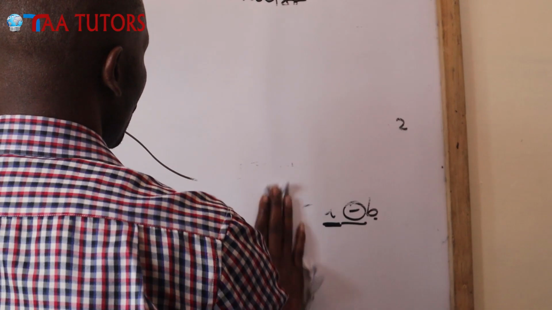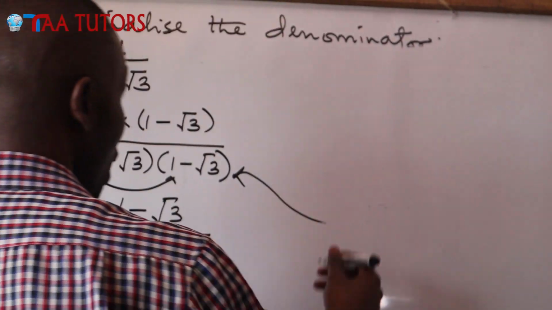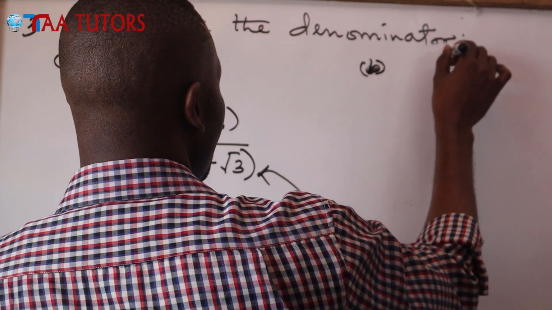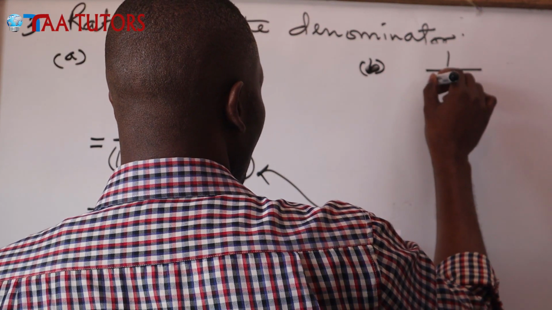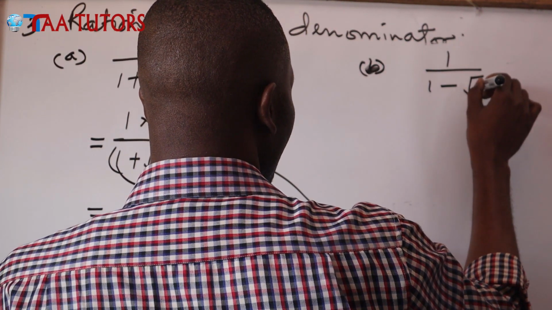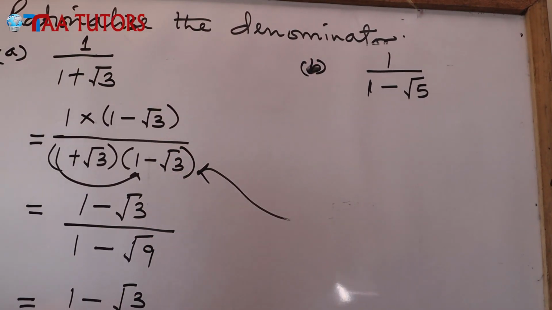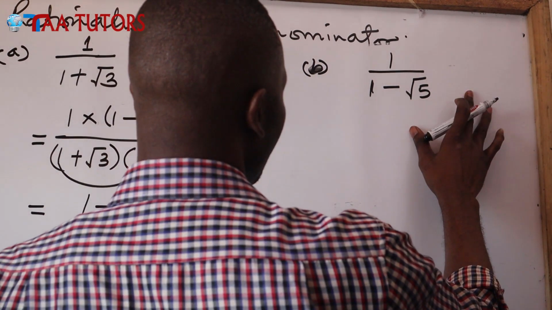Let's look at example 1b, which is 1 over 1 minus surd 5. So if that's what we have, the conjugate here should be 1 plus surd 5. That's the conjugate.